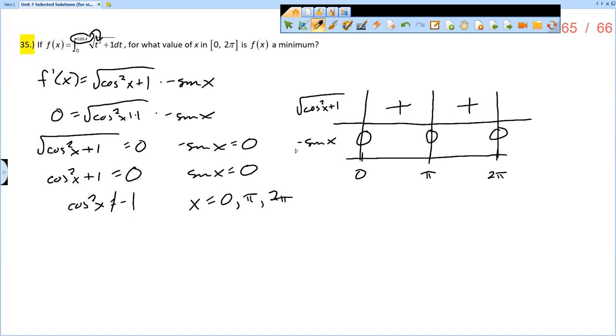Sine of pi over 2 is positive 1, but I get the negative in front, so I've got a negative. And then from pi to 2 pi, like 3 pi over 2, sine of 3 pi over 2 is negative 1, so it becomes a positive. So the function is negative, then positive, and so that means it is decreasing, then increasing, and so the minimum must occur at x equals pi.